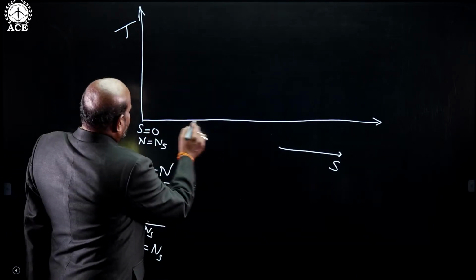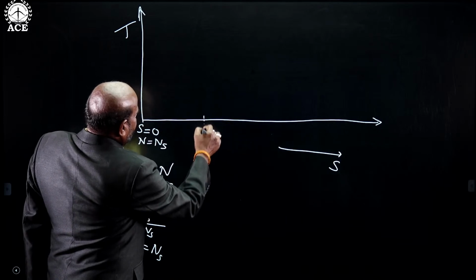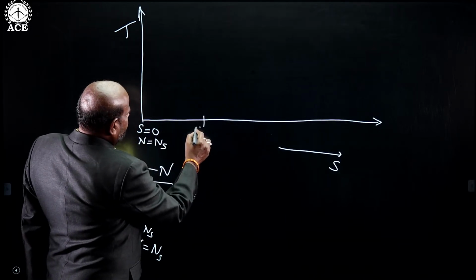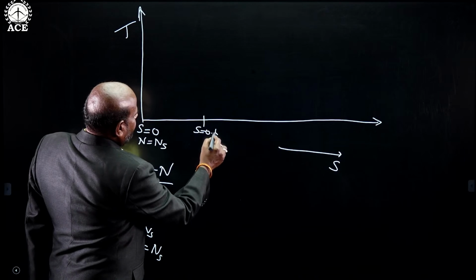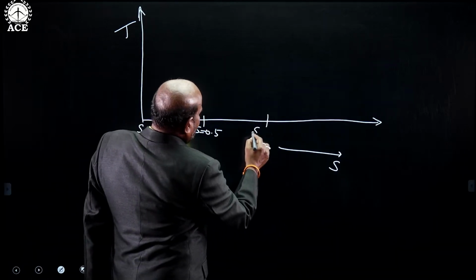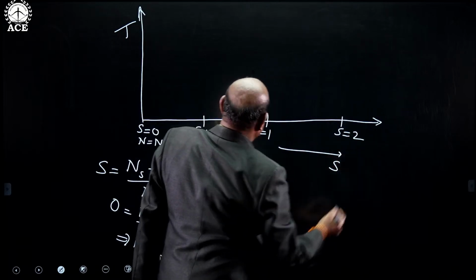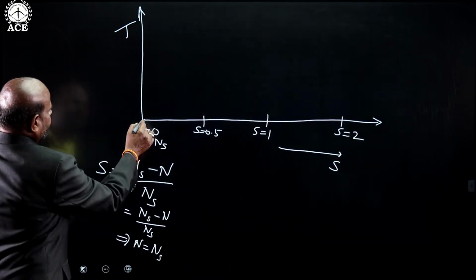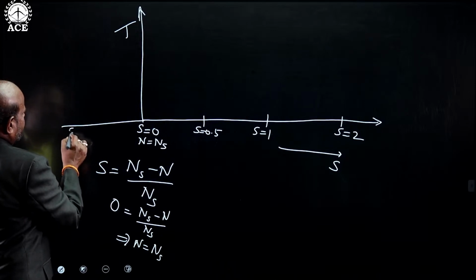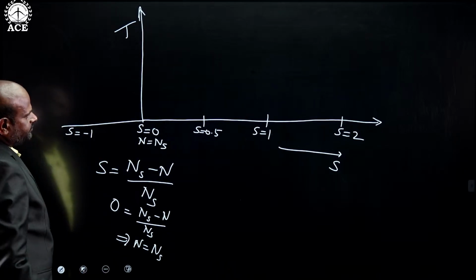In the first case, we have assumed lower values of slip. Let us mark slip 0, 0.5, s equal to 1, and this is s equal to 2. And on this side, s equal to minus 1.